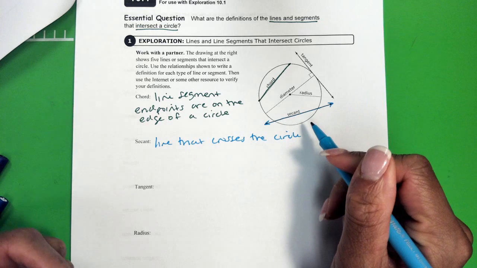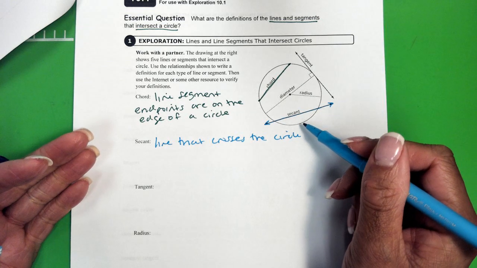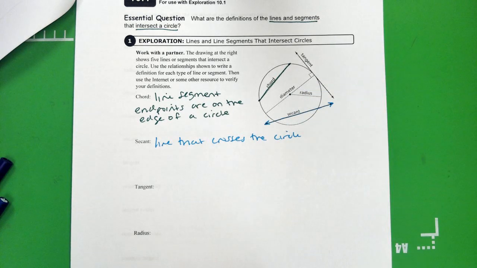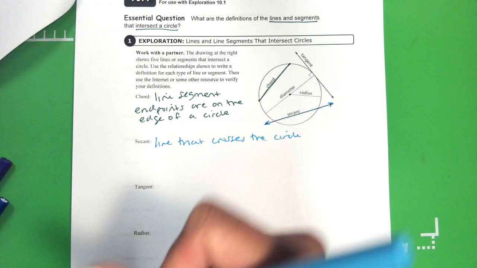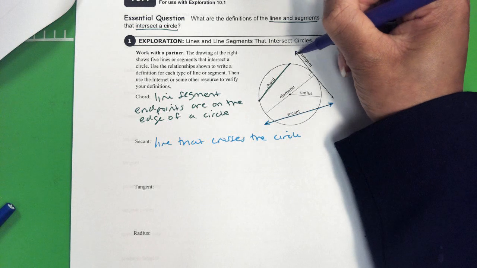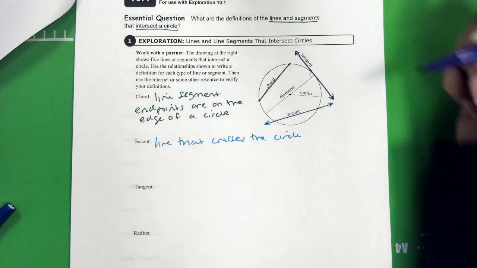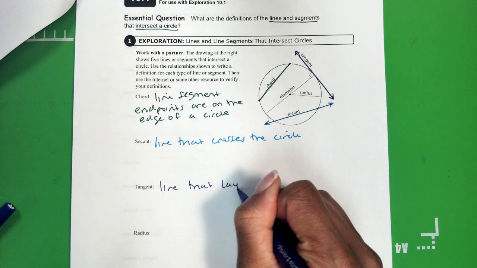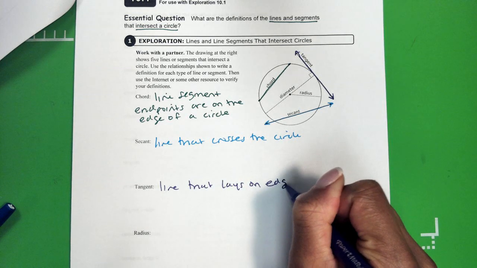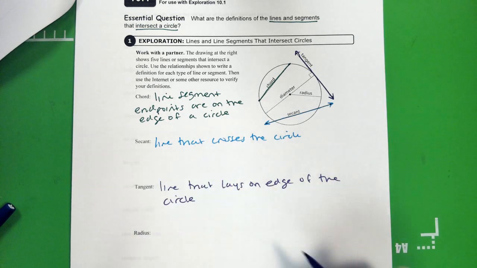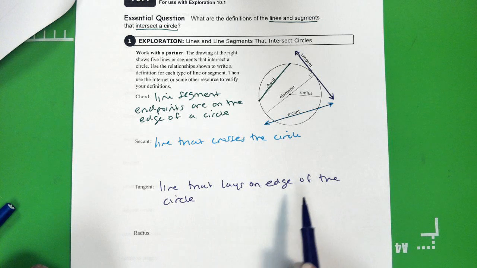But note the big difference between secant and tangent is that tangent lays on the edge. It is still a line. So it's a line that lays on the edge of the circle, right? Pardon the handwriting.